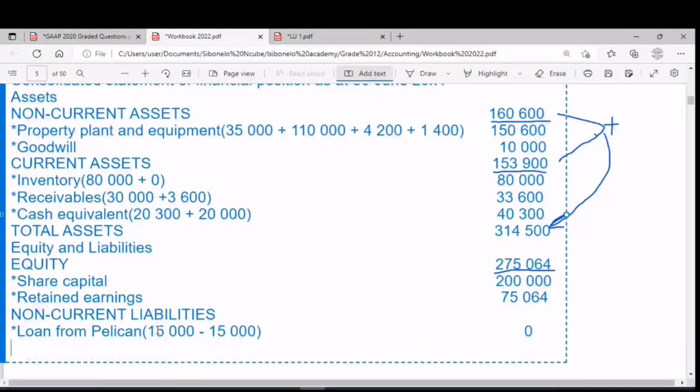And then the next section is current liabilities.